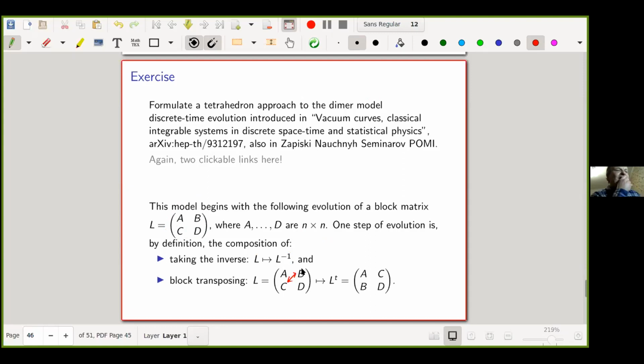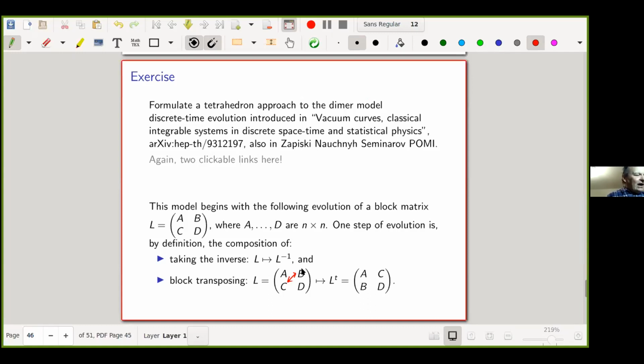So this is an exercise that I would like to mention, and I did not do it, in the sense that, okay, there is also a conserved curve, vacuum curve in this model, and divisors that travel linearly during that discrete time.